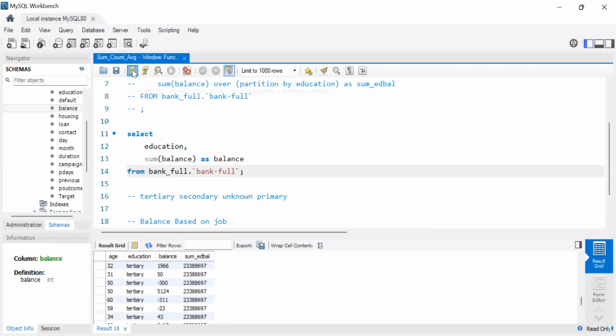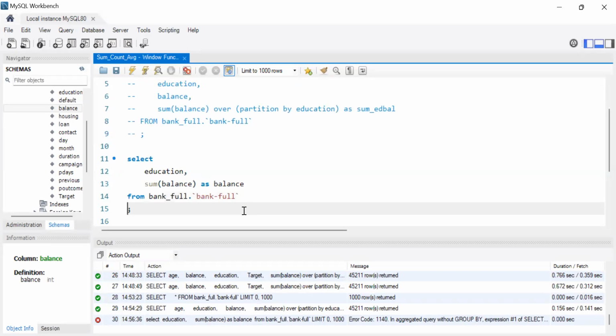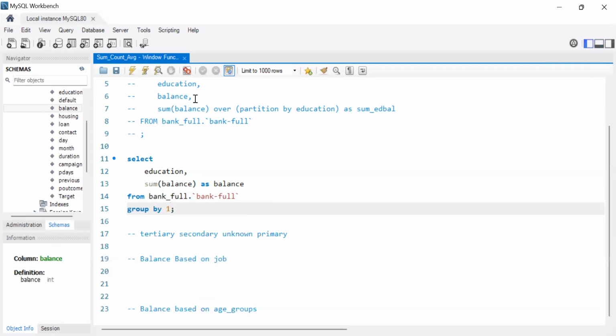Okay, let's run this and see what happens. Oh, so we need to group by 1.